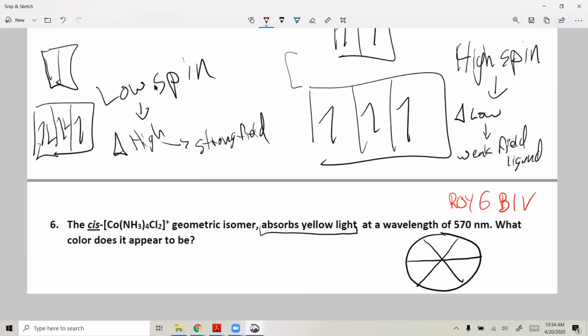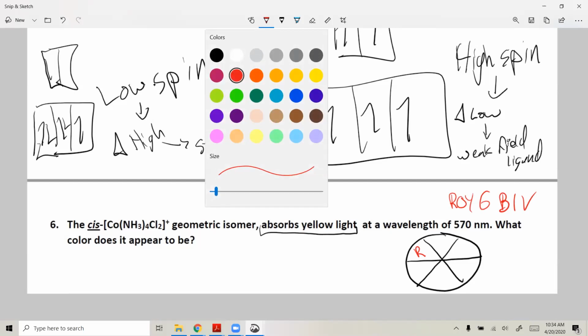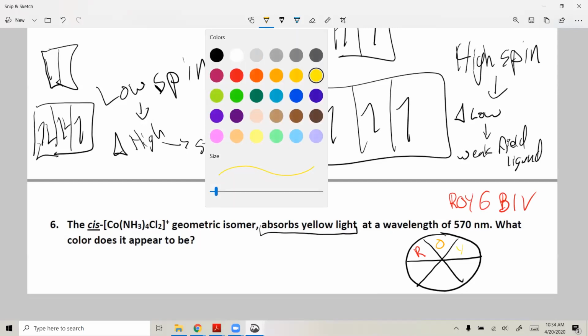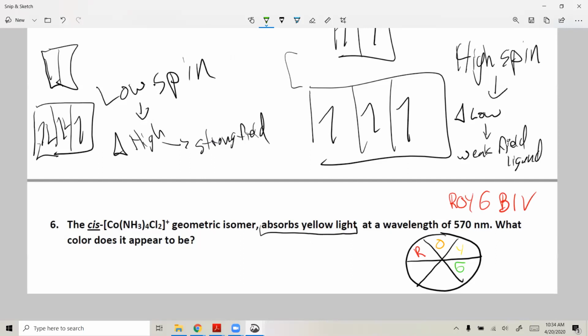We actually don't have any I though, so it's just going to be Roy G. BV. And so that means that if this is red, our next one is orange, and our third slice is yellow. This becomes green. This is blue. And this one is violet.